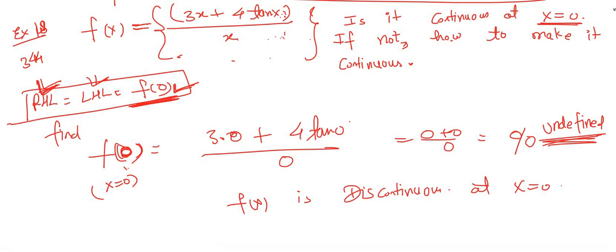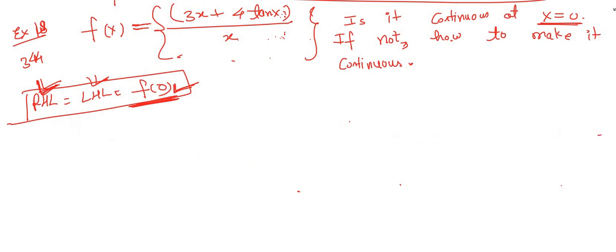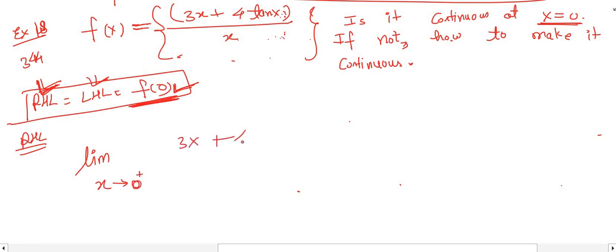So let's calculate the RHL value, how much it is. Limit x tending to 0 plus of (3x + 4 tan x)/x, or we can just calculate the limit value directly.